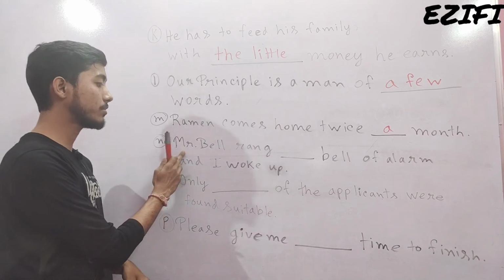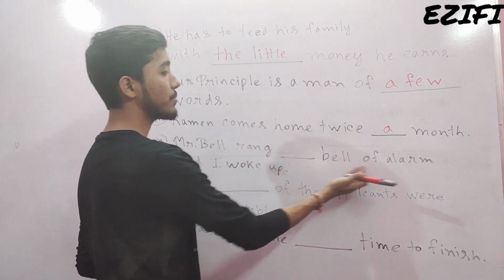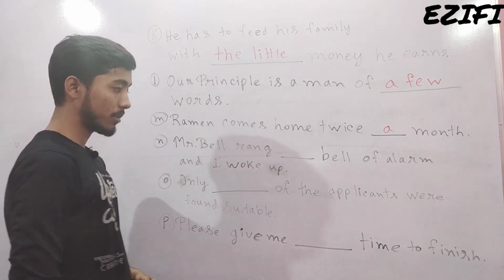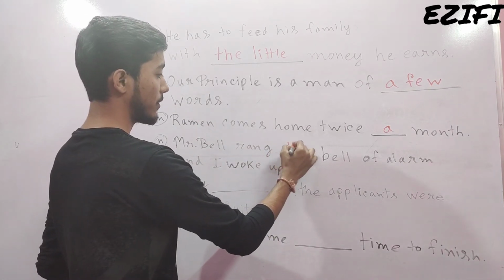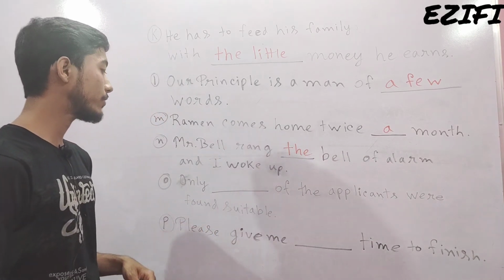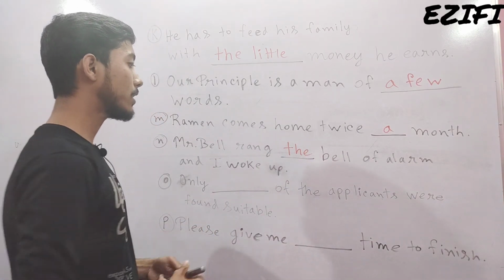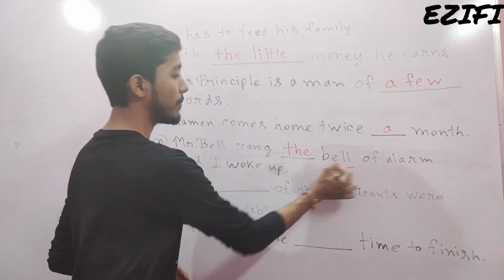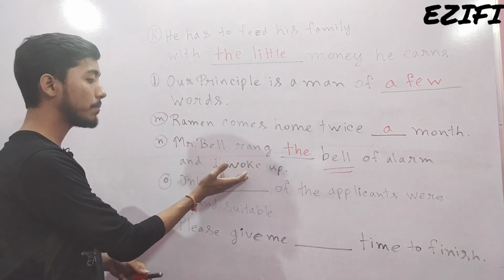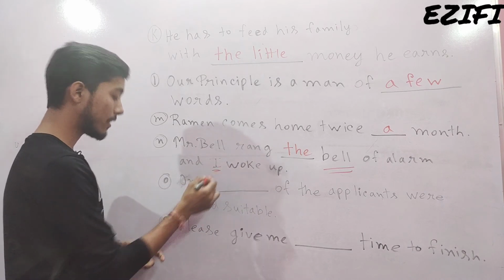Now the next question, Mr. Bell rang dash bell of alarm and I woke up. The answer will be, Mr. Bell rang the bell of alarm and I woke up. Here the is used to specify the bell which was rung to wake him up.